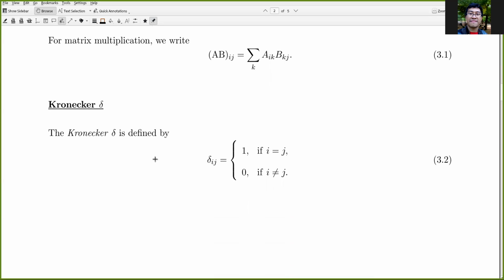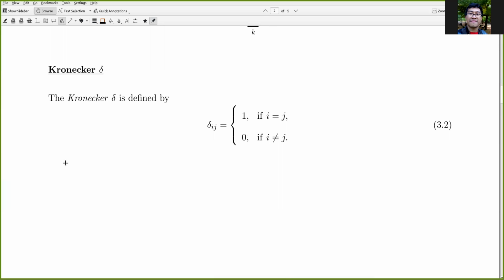For some matrices, it would be important to make use of the Kronecker delta. It's defined as 1 if the two indices are the same, i equals j, 0 if they are not.